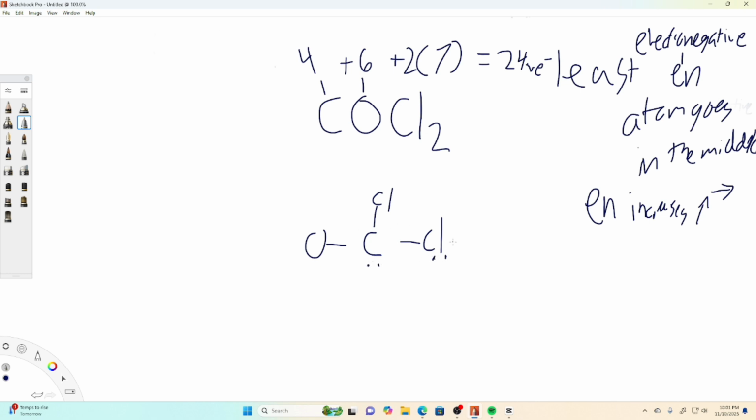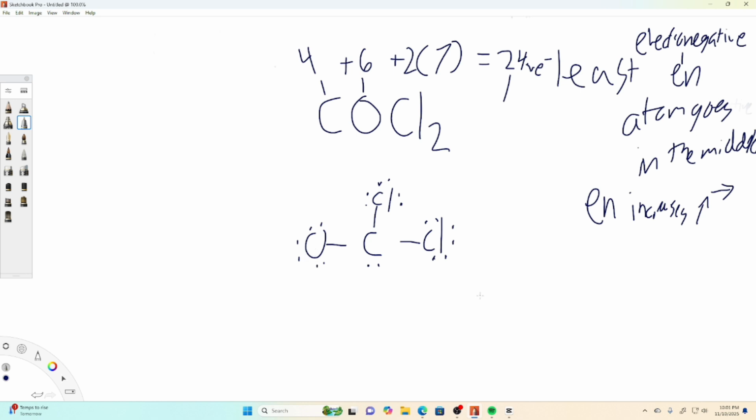Now start drawing our dots. All of these valence electrons in this molecule. There are a bunch, clearly. Alright, let's count it out. Make sure we have 24 valence electrons, because as we know, you cannot go under or over 24 valence electrons in this total molecule. So 2, 4, 6, 8, 10, 12, 14, 16, 18, 20, 22, 24, 26.